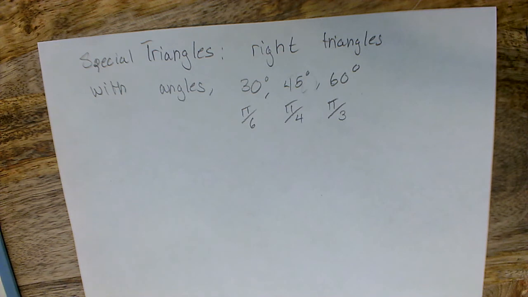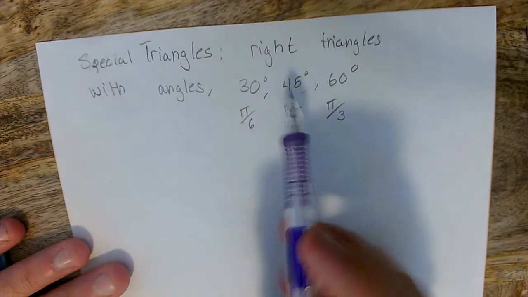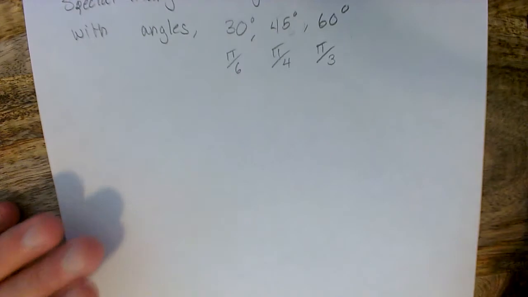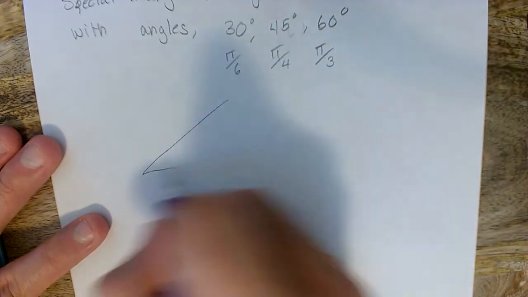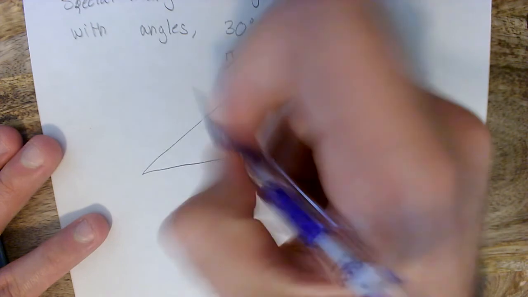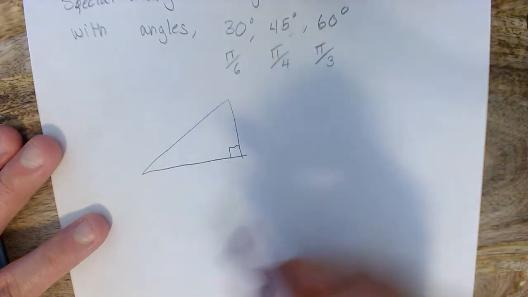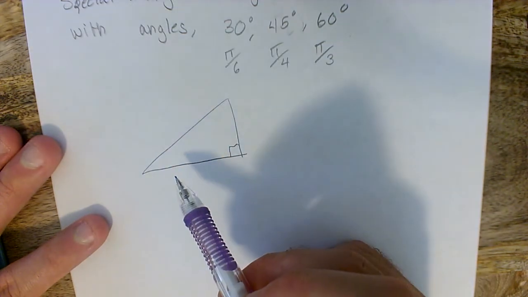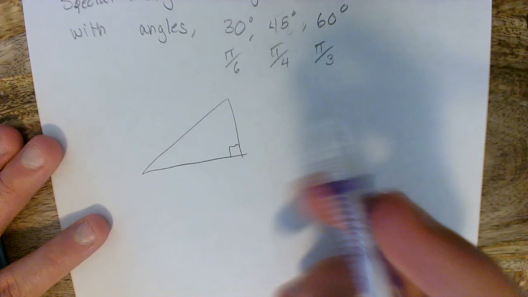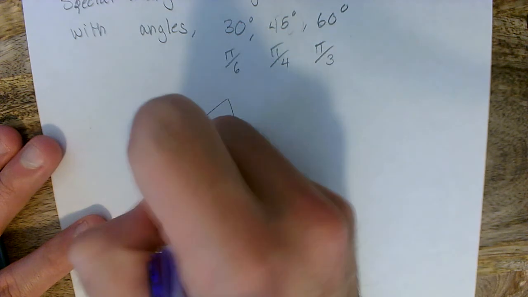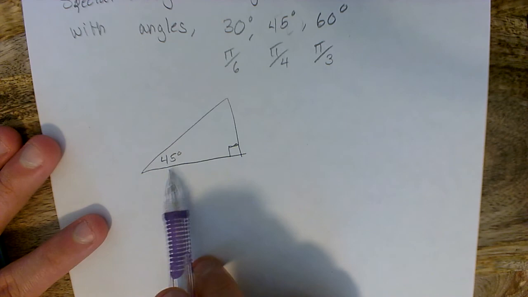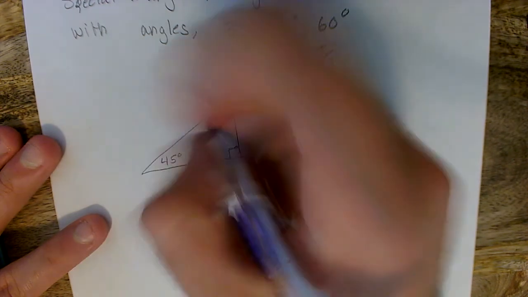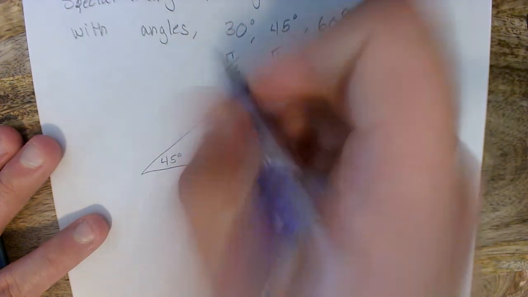Okay, so for example, if we want to talk about a right triangle with a 45 degree angle, if you don't remember this from geometry, it's okay. In any triangle, the sum of all three angles must add up to 180. So if you have 90 here and one of them is 45 degrees, well, 90 plus 45 is 135, so the other angle has to be 45 degrees as well.